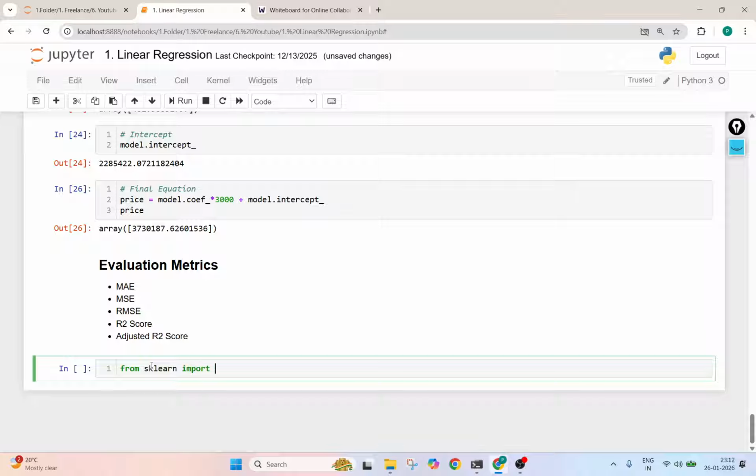From sklearn import mean absolute error, mean squared error, and R2 score.